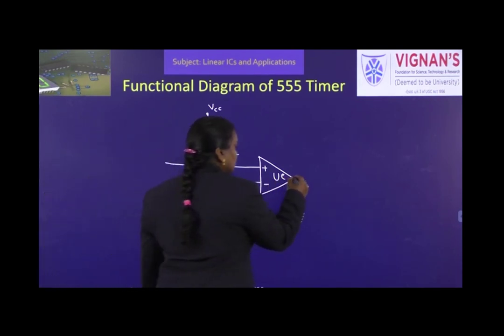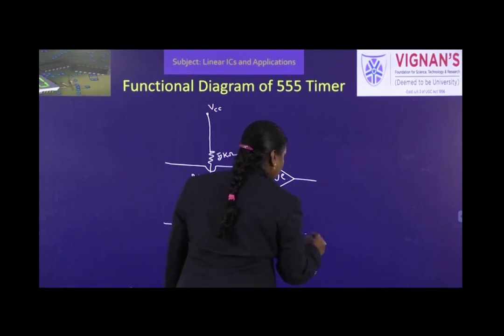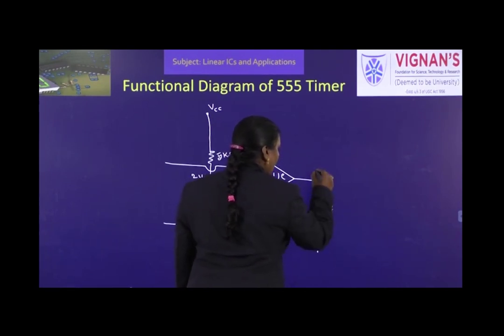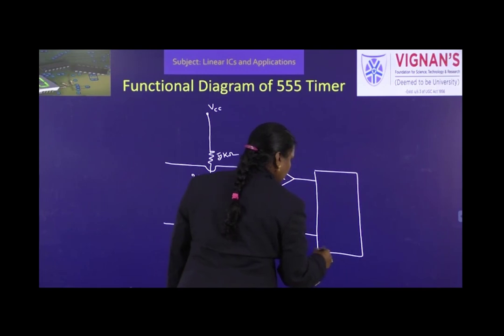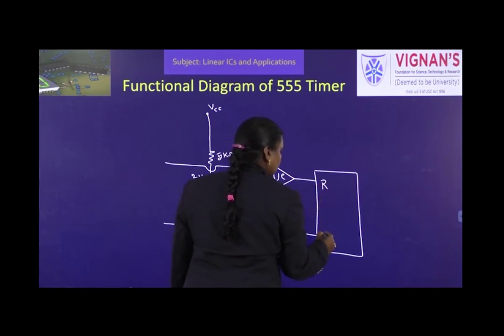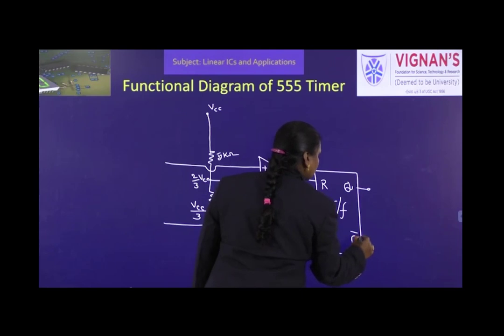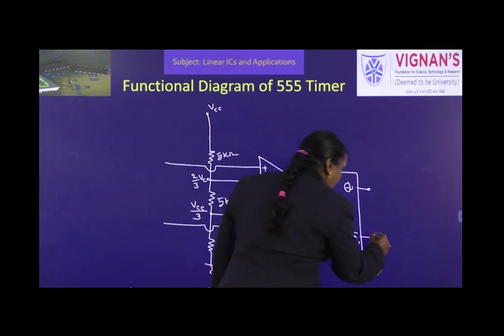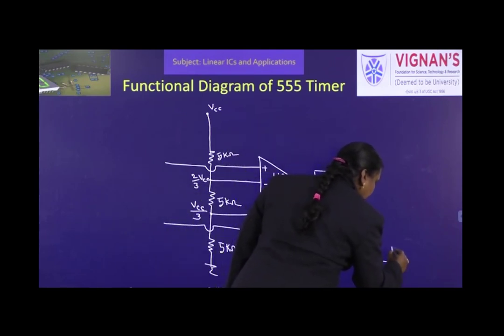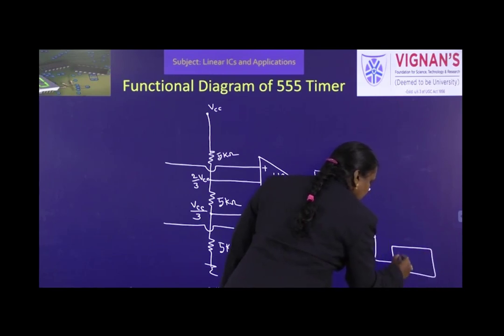And now the outputs of these comparators are applied to the RS flip-flop. The Q bar output is given to the power amplifier, which acts as an inverter.